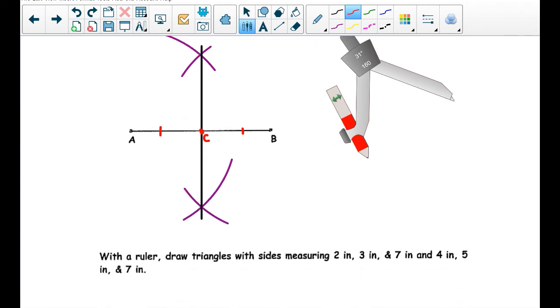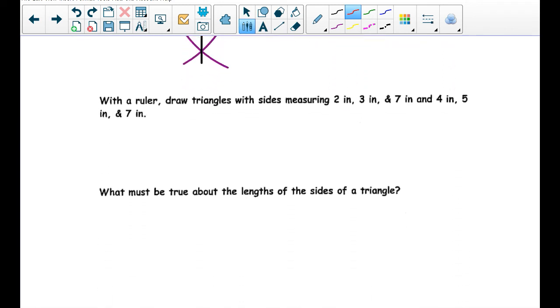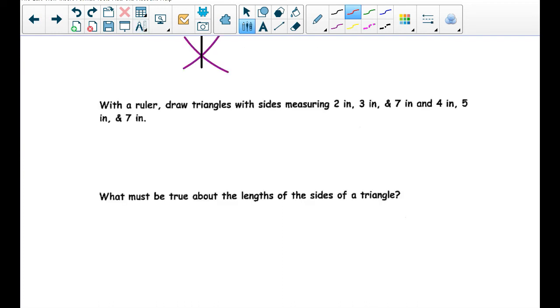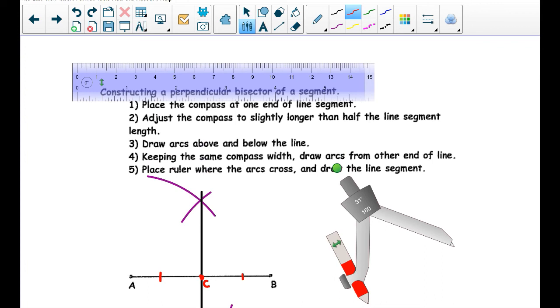One last thing to talk about. So they want us to make a triangle with sides measuring 2, 3, and 7. So I'm going to pull up this ruler here and drag it down.